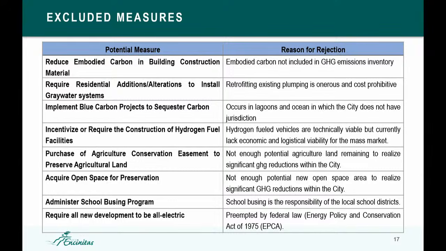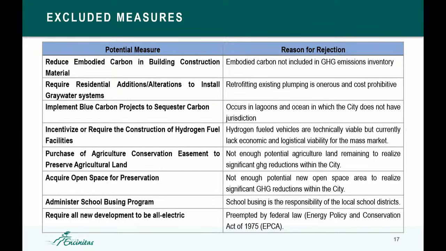One example is we considered the implementation of blue carbon projects. That's row 3 in this table. Blue carbon projects are projects that you can implement in lagoons or the ocean that can actually sequester carbon. That's things like planting eelgrass and having eelgrass sequester carbon and bring it into the sediment of the lagoon.